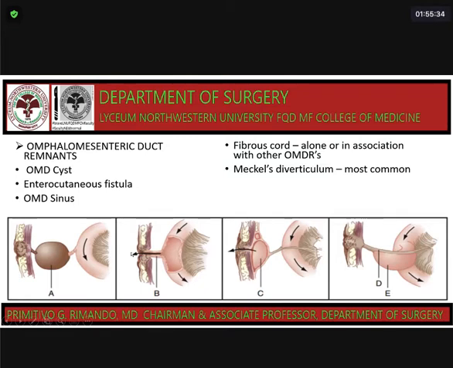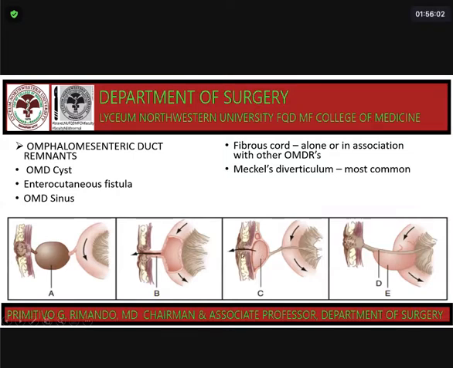Parents will come to you saying, Doc, it seems my baby is defecating from the umbilical area. So that's your enterocutaneous fistula. A sinus, on the other hand, is an opening in the umbilicus, not in the intestine.